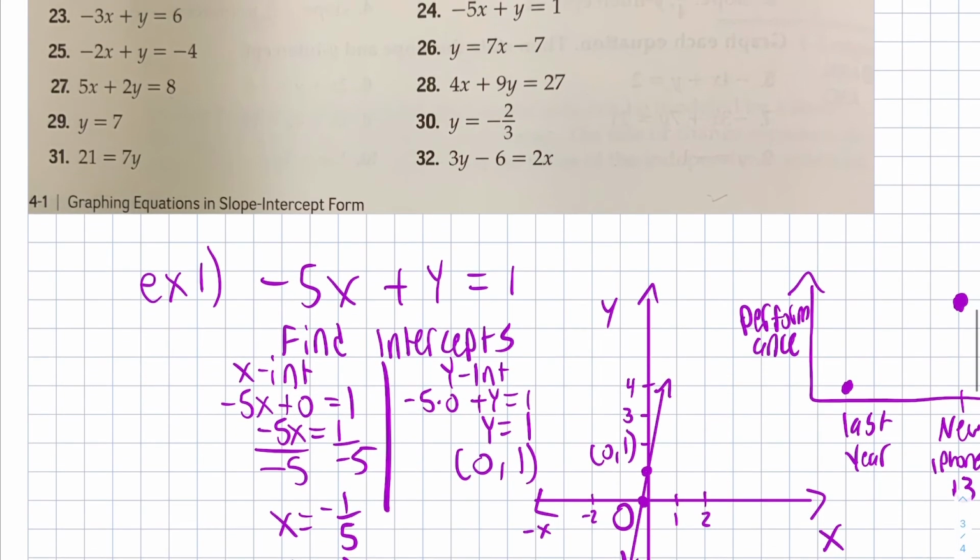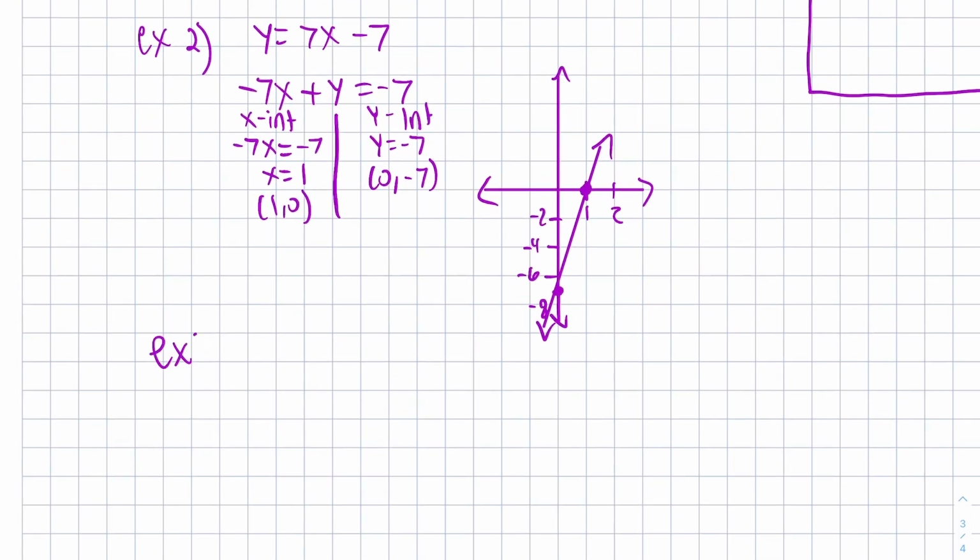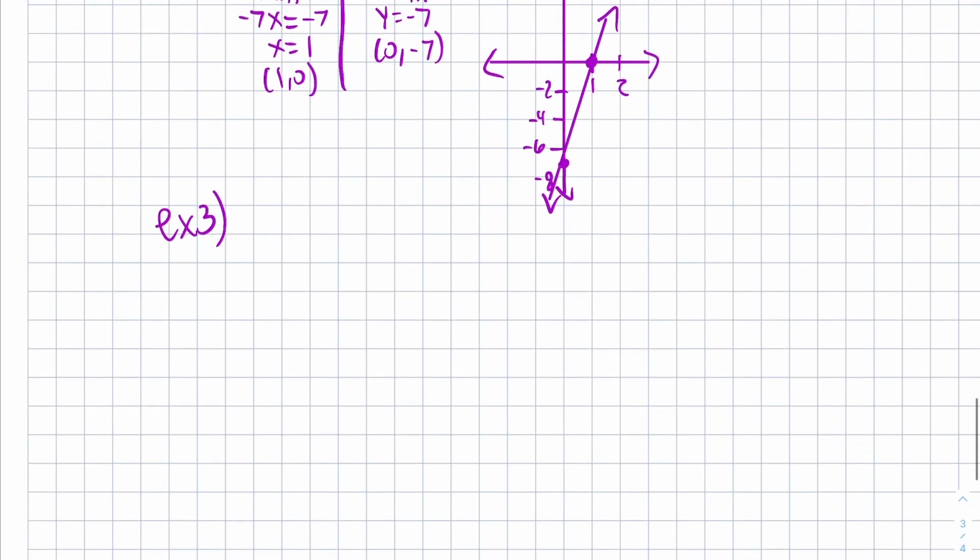I said we would do number 29. Y is equal to 7. If y is equal to 7, then we need a dot at 7.